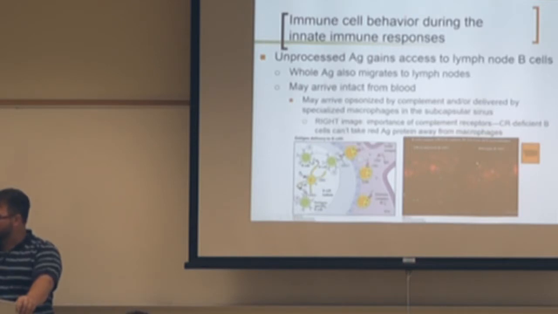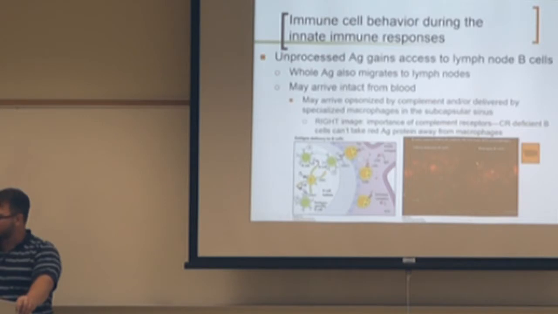Here, in the picture, you can see antigen entering, and these cells are deficient in complement receptors, while these cells have complement receptors.